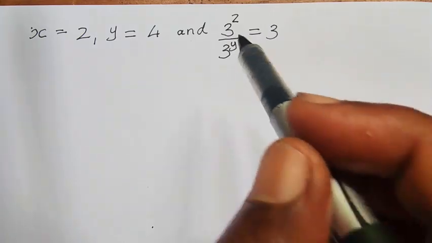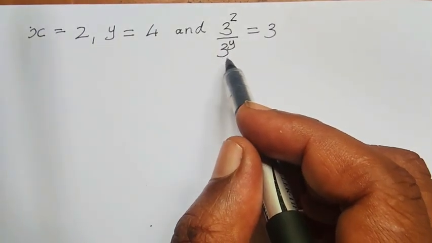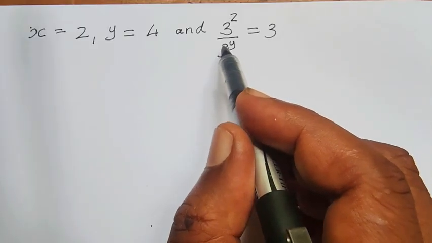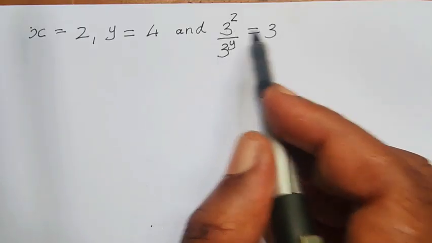Okay, here multiply both sides of the equation. 3 multiply 3 power y both sides of the equation.